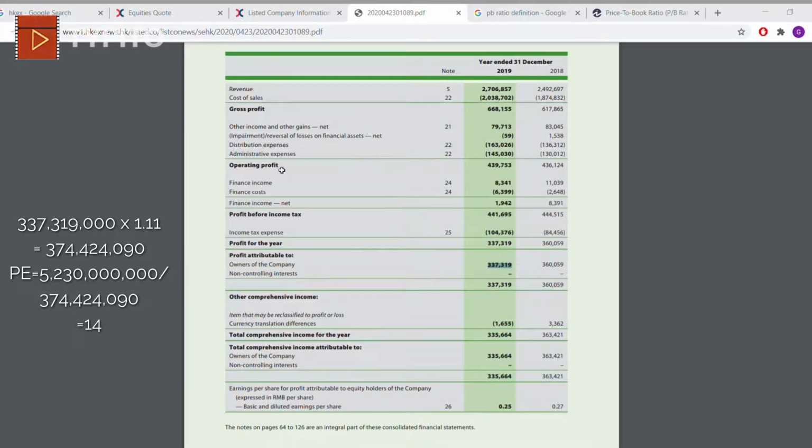So I guess we need to convert this to billions. Okay, let's convert it. 5.23, and then I think it's about another 60. And we also need to express this in thousands as well.